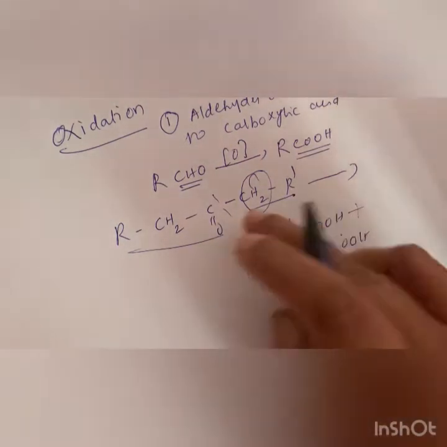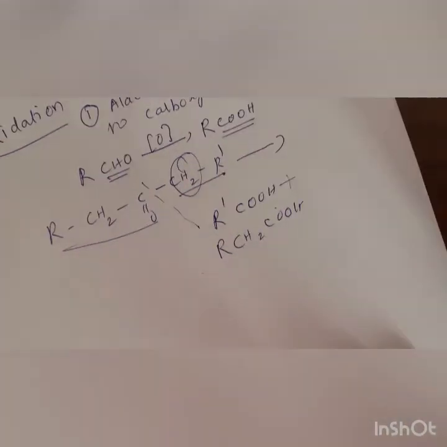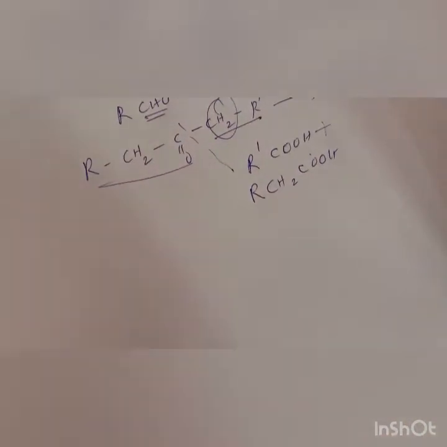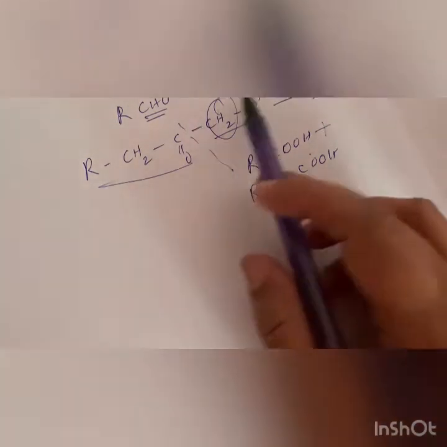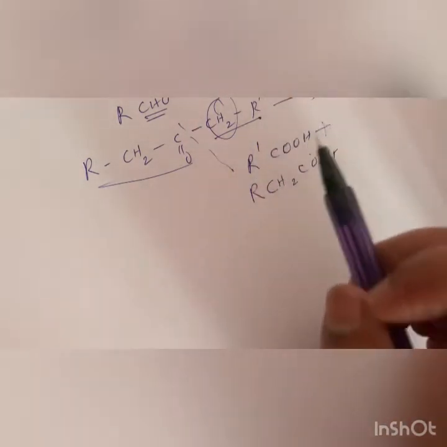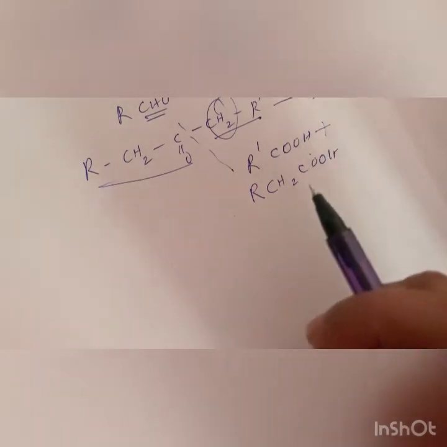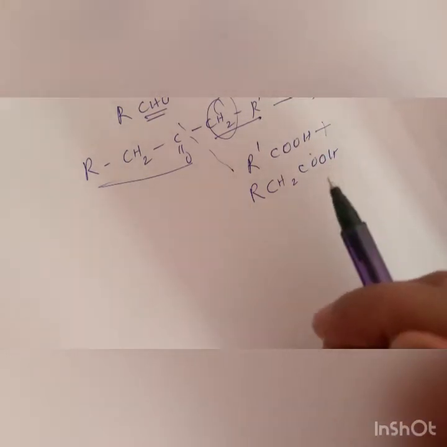The compound will break and undergo oxidation. But aldehydes can be oxidized to carboxylic acid by a mild oxidizing agent. So this is the test to distinguish between aldehydes and ketones, this oxidation reaction.